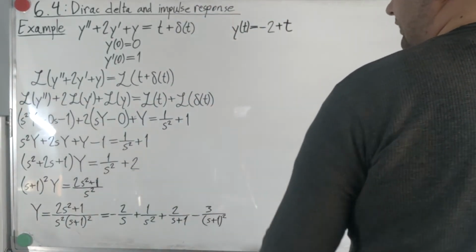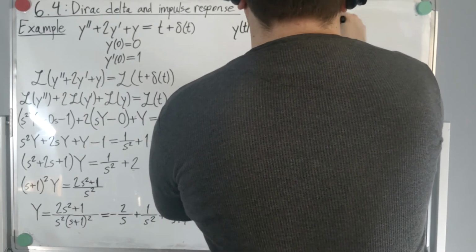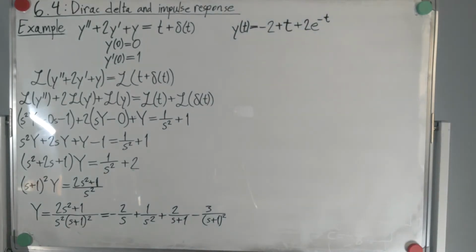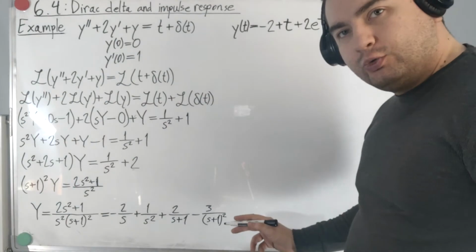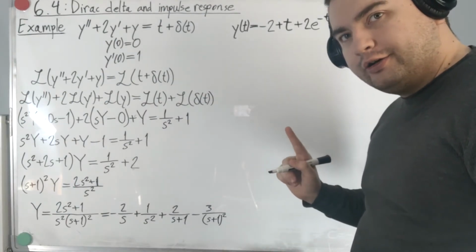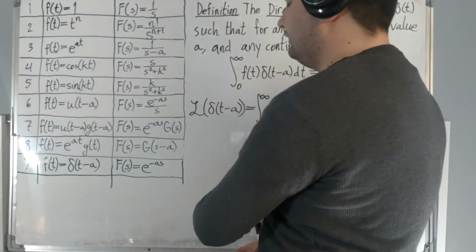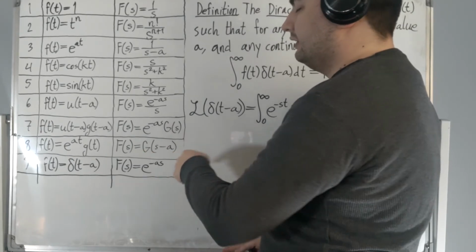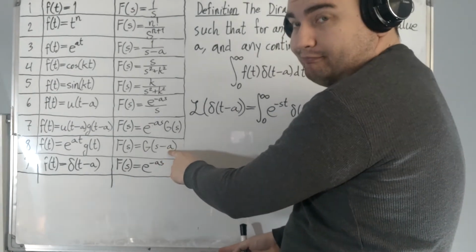Inverse Laplace transform of 2 over (s plus 1) is 2e to the negative t. And then the inverse Laplace transform of 3 over (s plus 1) squared. That's a little bit harder. What we're dealing with is something like in Rule 8, where we have a function that we know about, but it's shifted by some value a.